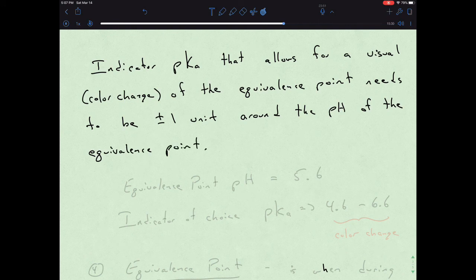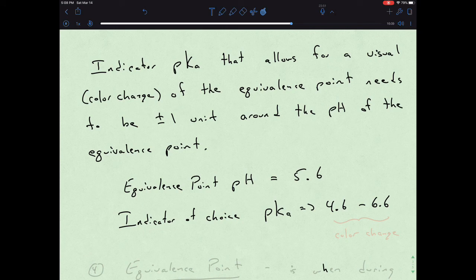So if I have an equivalence point pH equal to 5.6, that means that my indicator of choice, its pKa would be anywhere from 4.6 to 6.6.